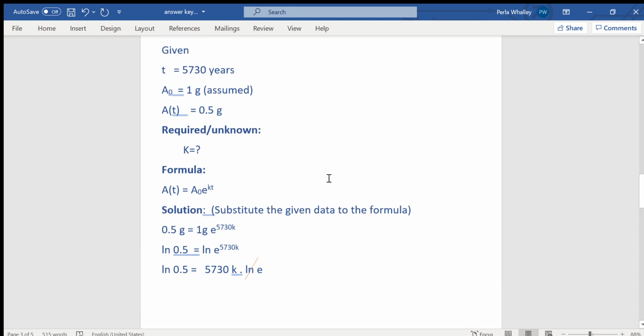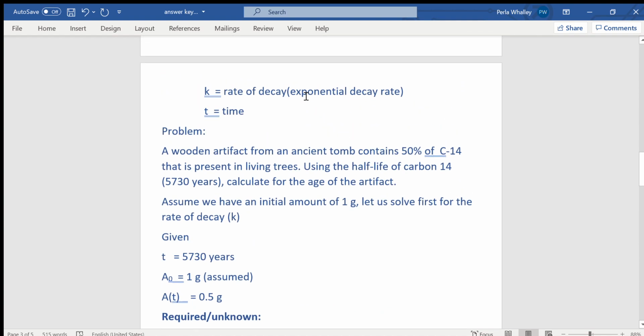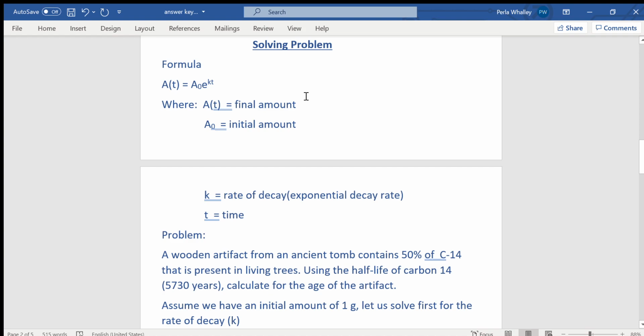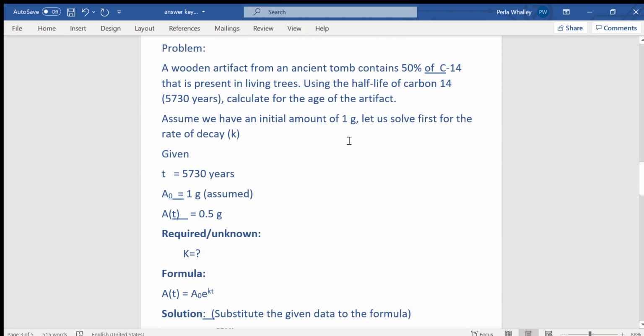Okay, let's start with the given. Remember that t is equal to 5,730 years, or the half-life of carbon-14. The initial amount we assumed as 1 gram.